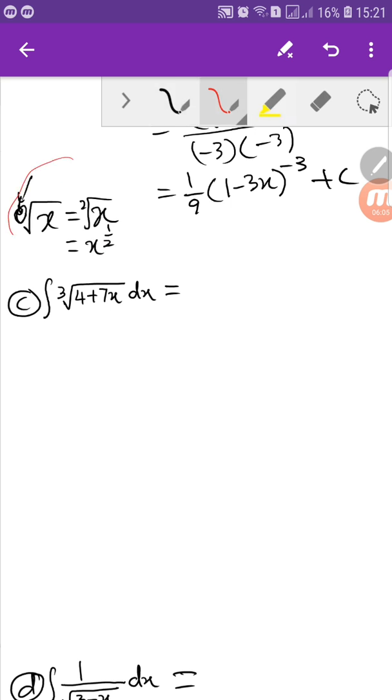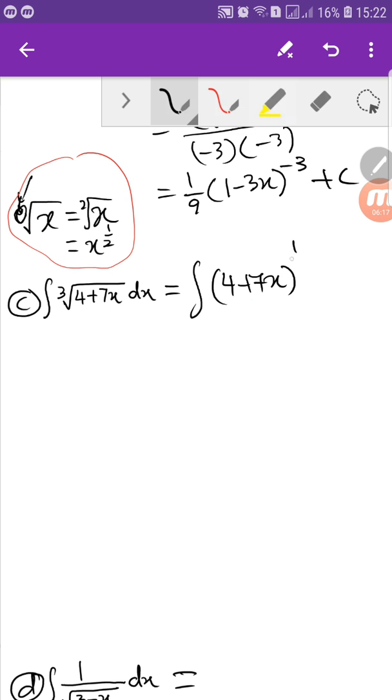So this is a recap. If there's a 3 over there, it's (4 plus 7x) to the power of 1 over 3. 3 is not a variable.